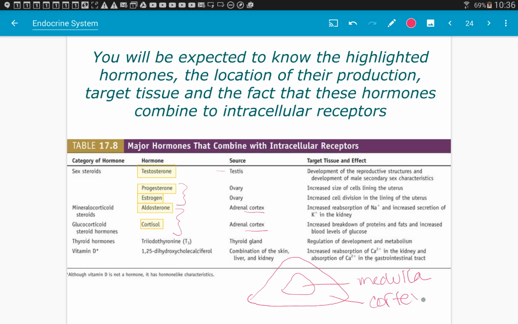So the medulla, I don't know if you remember, is under neuronal control. The cortex is not. Okay? So you have the nervous system controlling the medulla, and the cortex is controlled by other hormones. So there is a difference between those 2 sections in the adrenal gland. And so we will be talking about these guys.